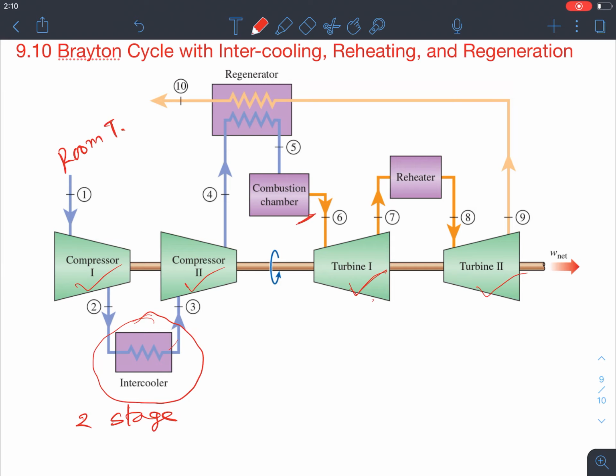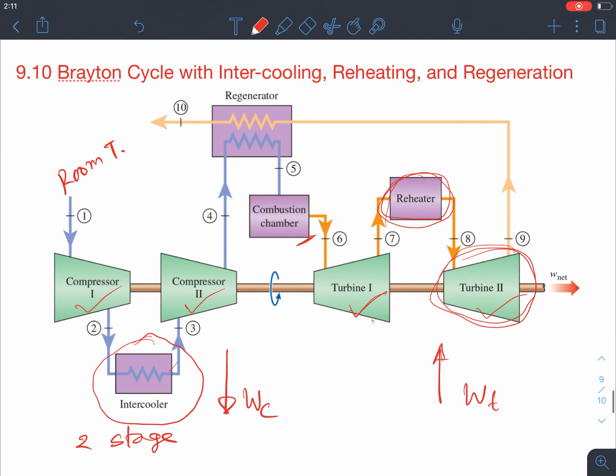And then similarly in the turbine, we are taking the output of the combustion chamber, the high temperature gas, and expanding it, and then again we are reheating it, right? After reheating, we bring that gas to another turbine to get some additional work. So that means we are basically decreasing WC here and increasing WT here, right?